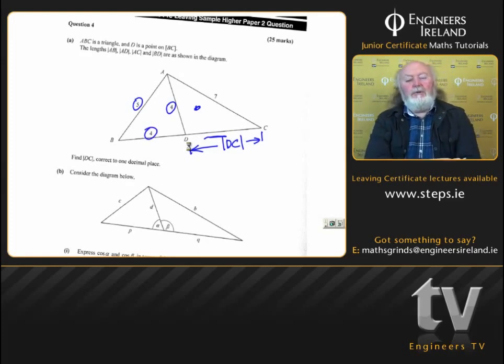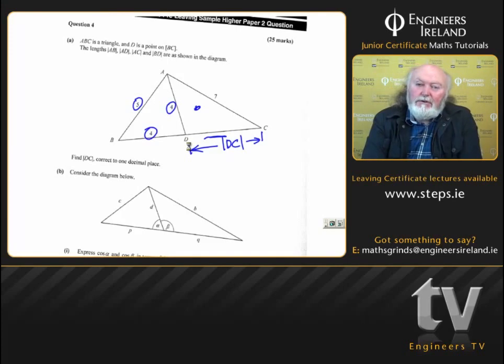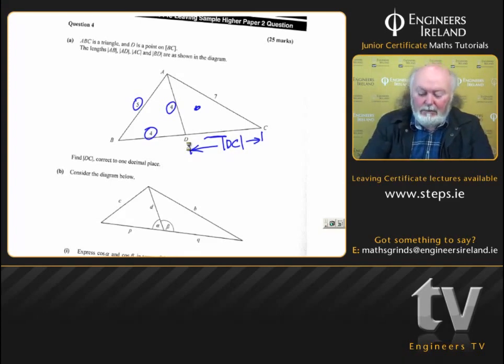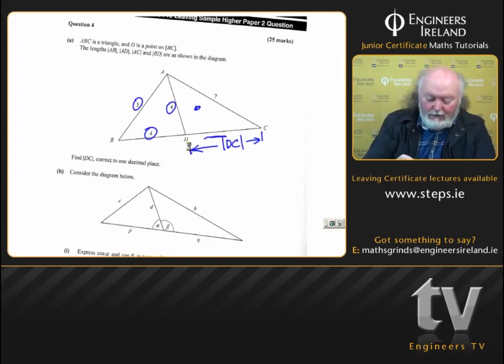As a general rule, if you're looking to decide whether you use a sine rule or a cosine rule, if you have a side and the angle that's opposite it, you should be looking to use sine because it's an easier function. Whereas here, what we have are 3 sides and no angle. So what angle should we go for? Well, we do know that all of this is 180.